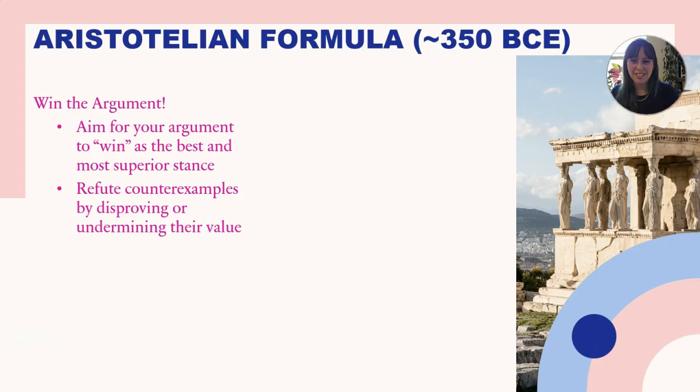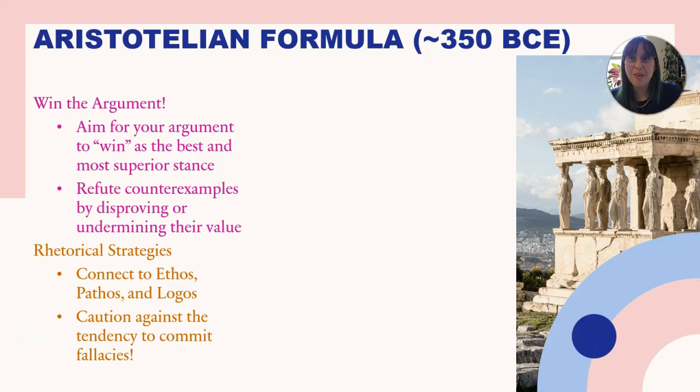So getting into the Aristotelian formula, coming from a million years ago, the emphasis is really on winning the argument, to present your solution as the best, the most superior stance, the only one that anybody should consider. And you really want to refute counterexamples by disproving them, undermining their value, disparaging them more or less.